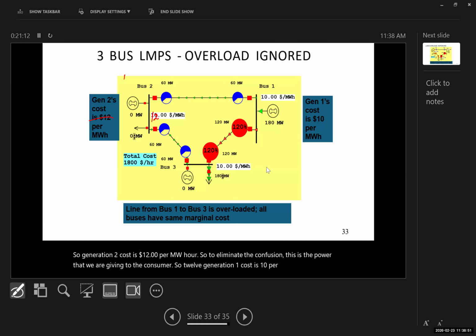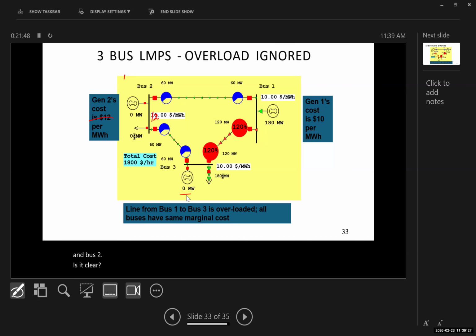So the line from bus 1 to bus 3 is overloaded. Why? Because the cost that we have for the line is cheaper, and we want to get cheaper power from line 1 instead of getting it from line 2. By the way, in the previous case, line 1 didn't produce any power. In this case, line 3 doesn't produce any power. So it has to import all the power from bus 1 and bus 2. Is it clear?